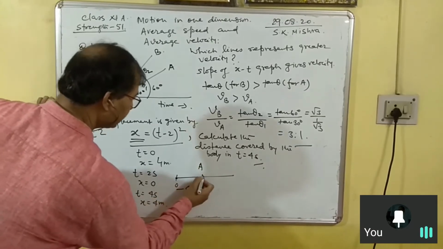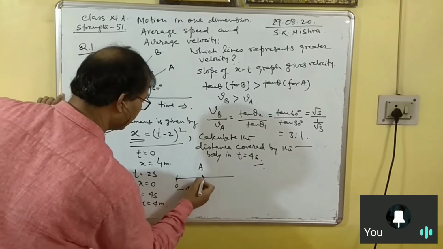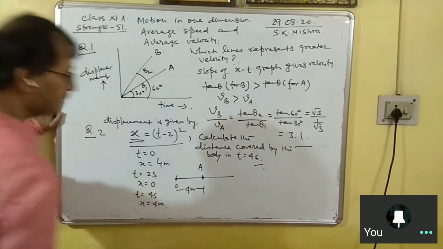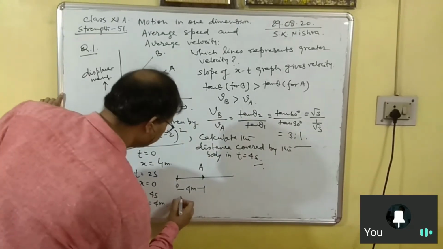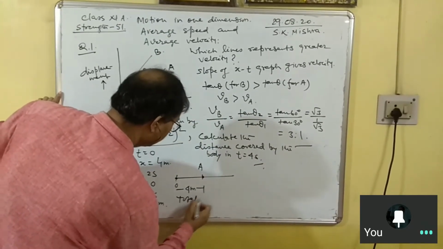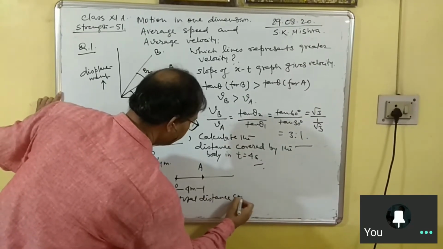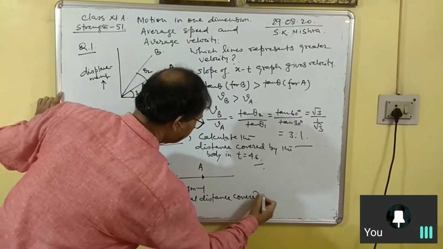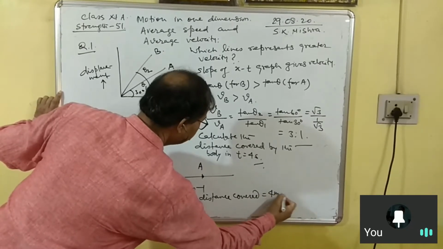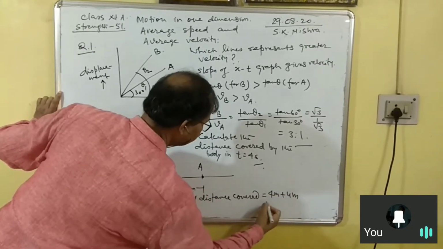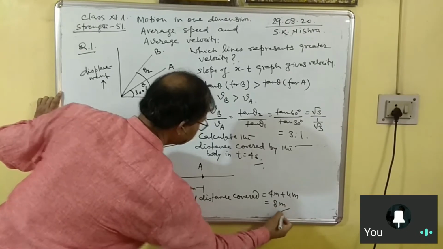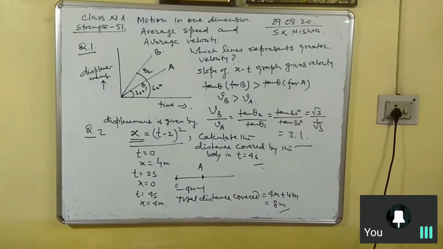From here, it is 4 meter from this point O. So the total distance covered is 4 meter plus 4 meter, total 8 meter.